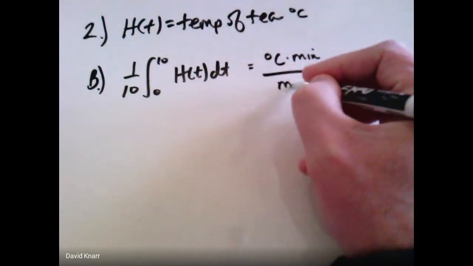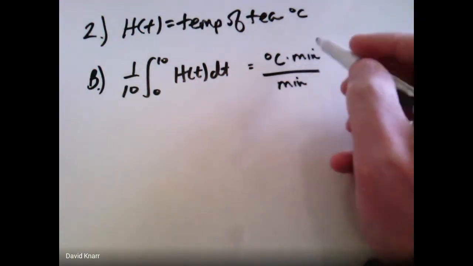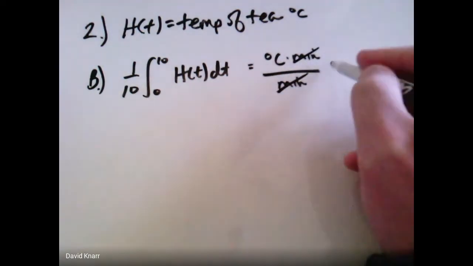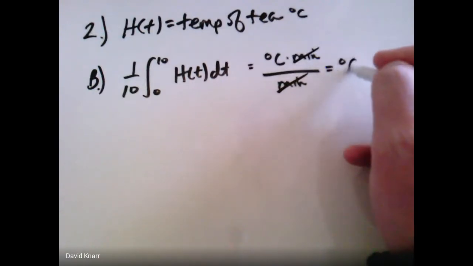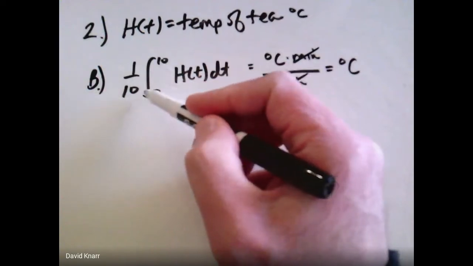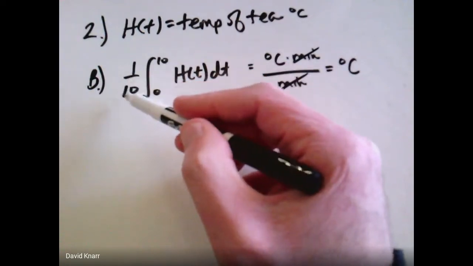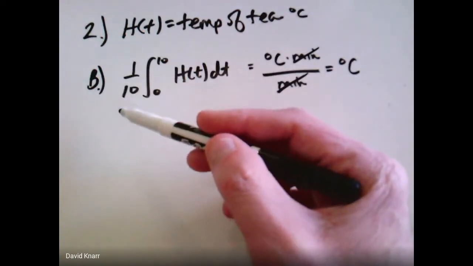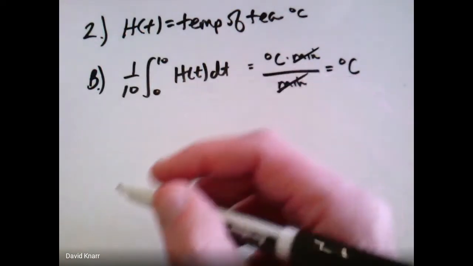Over the 10, but the 10 is minutes, right? So if I cross these out, I get an answer that's degrees Celsius. But what is this over 10 though? This over 10 is taking this integral and dividing it into 10 equal pieces.